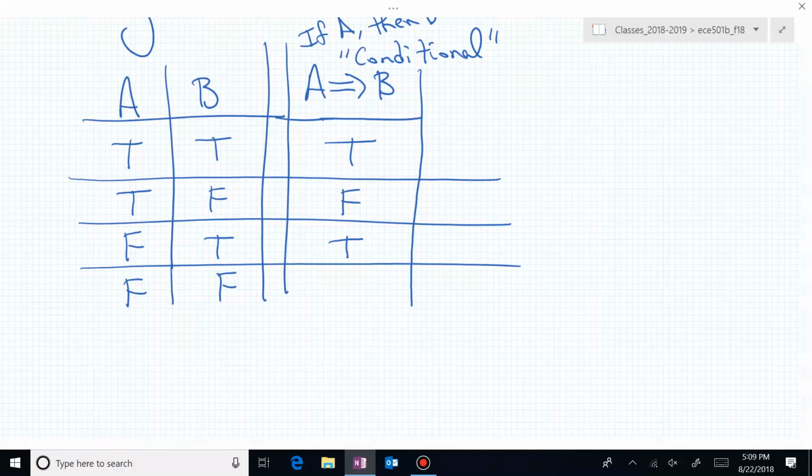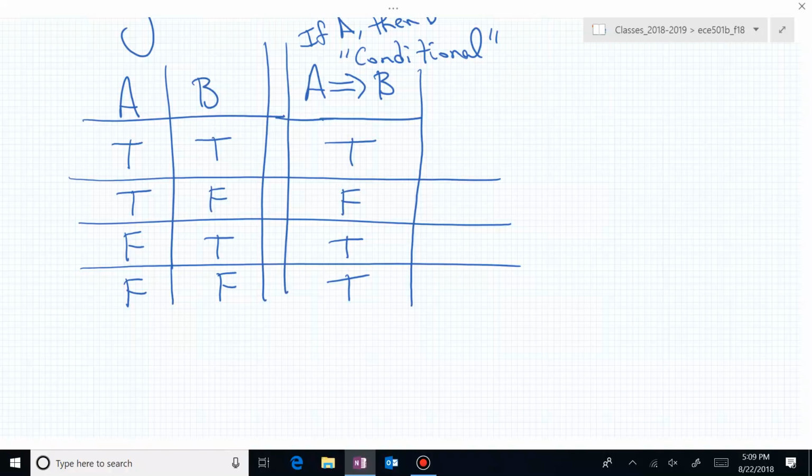What if it's false and I don't go to the movies? Still doesn't matter, it's true. Is that okay? I'm not caught in a lie if it doesn't rain. Is that clear? So that's the truth table for the conditional.